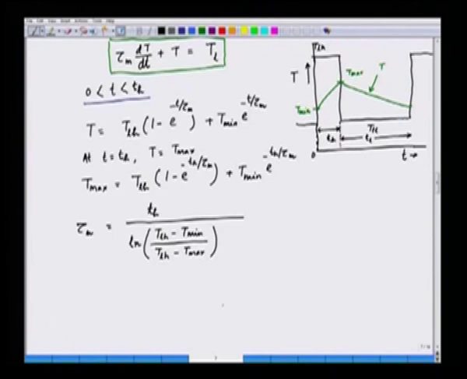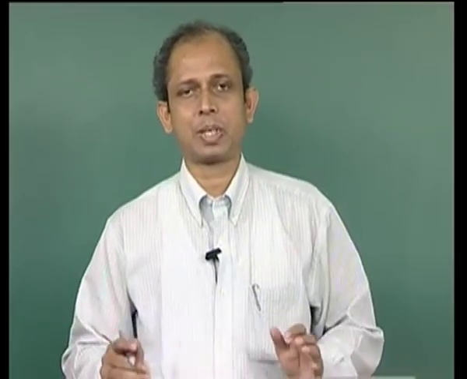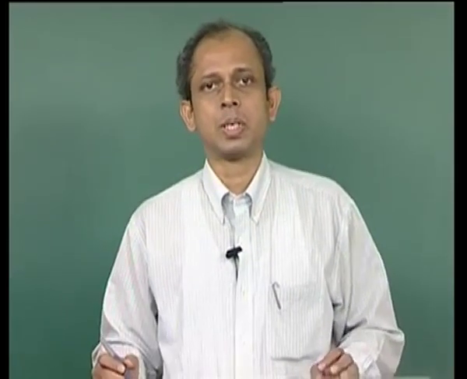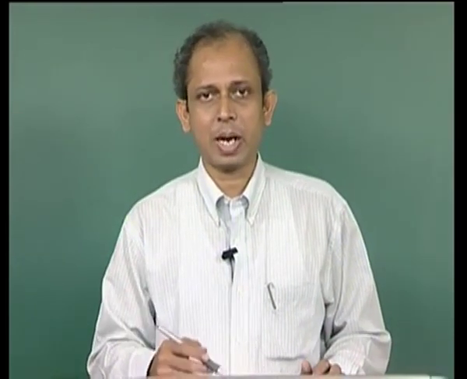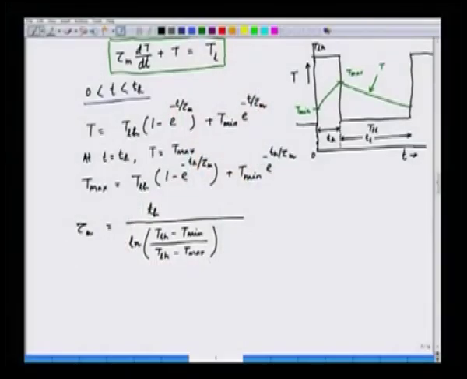So, tau m is the time constant, and it is given by an expression. If we know tau m, we can evaluate the inertia, and the inertia is important to us because if we know the inertia, we can find out the flywheel inertia of the overall system. So, from this equation we can find out the inertia as follows.